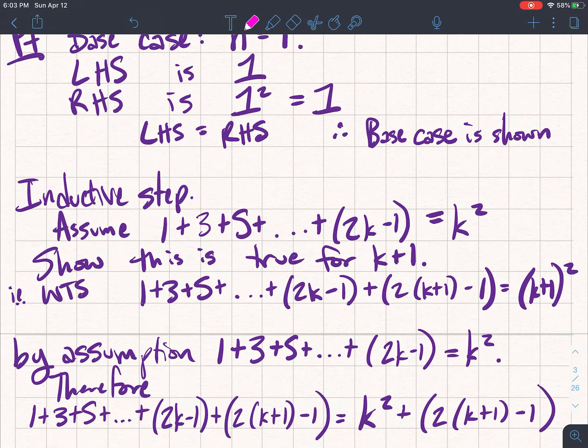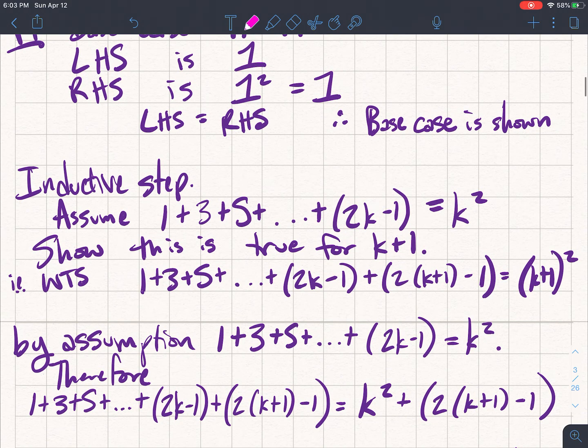Therefore, a bunch of algebra. What did I do? I just added this term, 2 times k plus 1 minus 1, on the left and right hand side. Why? You'll see in a second. And that's just the next term in the sequence. So what I'm trying to do is make my assumption here look like what I'm trying to prove here.